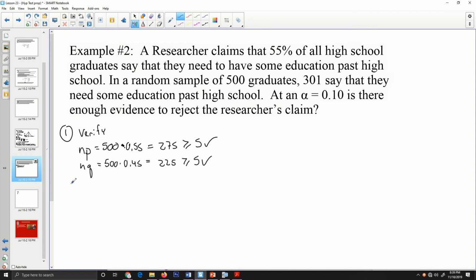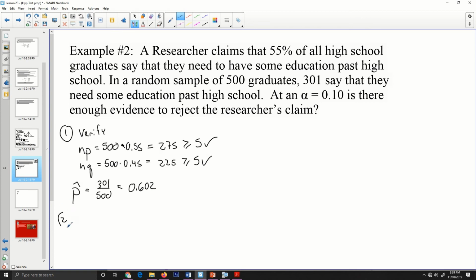We also have to note that p is not expressly stated here, so we're actually going to calculate our sample proportion, and we do that by going 301 over 500, which gives us 0.602.